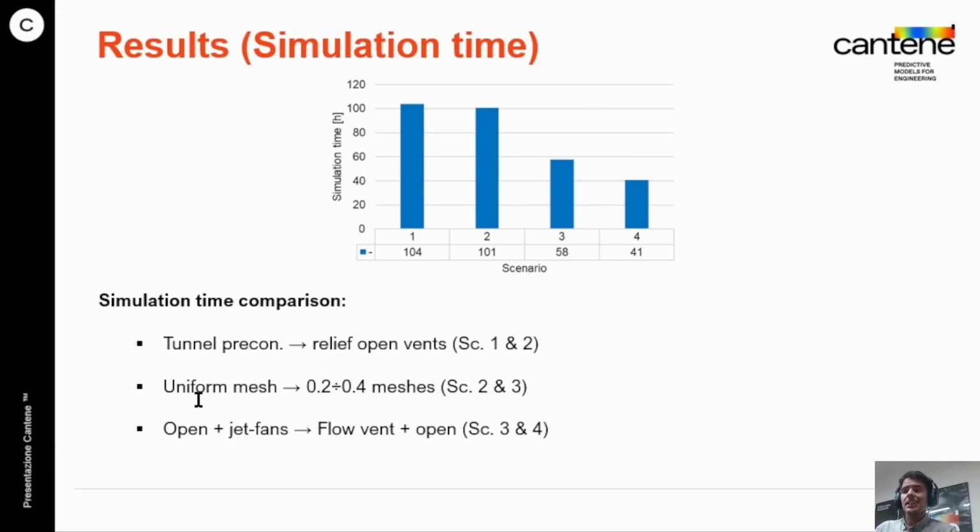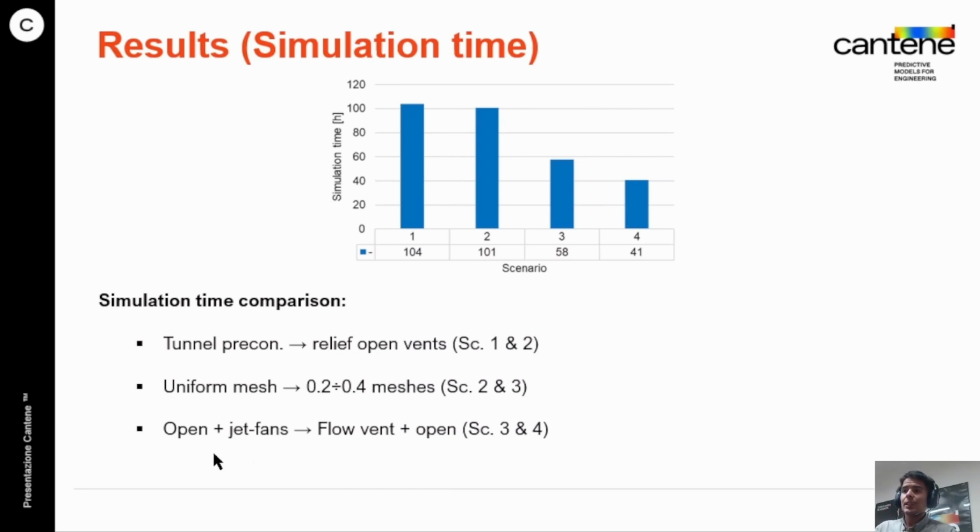But changing the meshes from uniform meshes to the meshes that we use of 0.2 and 0.4 reduces the simulation time roughly to the half, having also a price in the accuracy of the simulation, as the jet fans are not simulated with the 0.2 but with the 0.4 mesh.